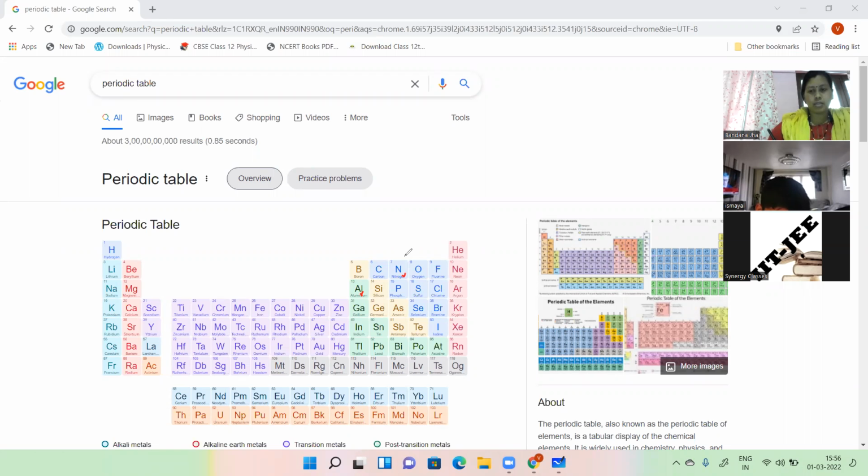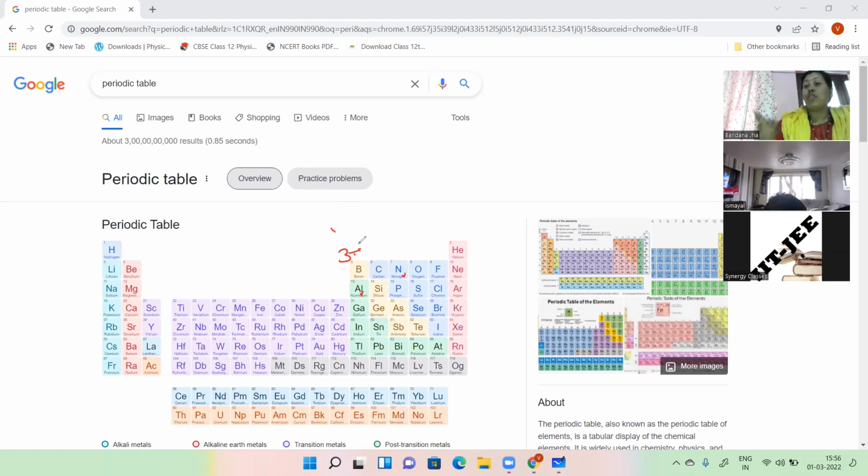Explain to me. How many electrons can aluminium donate? 3. Very good. So it will become negative charge or positive charge? Negative charge. Very good. So is this anion or cation?